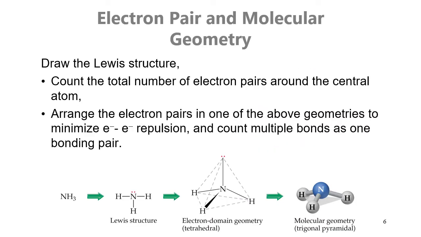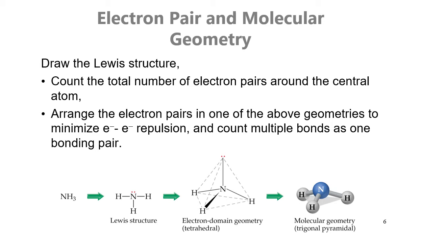This slide shows you the steps to determine the electron pair and molecular geometry of a molecule. First, we need to draw the Lewis structure of the molecule. Then count the total number of electron pairs around the central atom. In this case, it is ammonia. The central atom is nitrogen. The second step is to arrange the electron pairs in one of the geometries that you have learned before, to minimize electron repulsion, and count multiple bonds as one bonding pair.